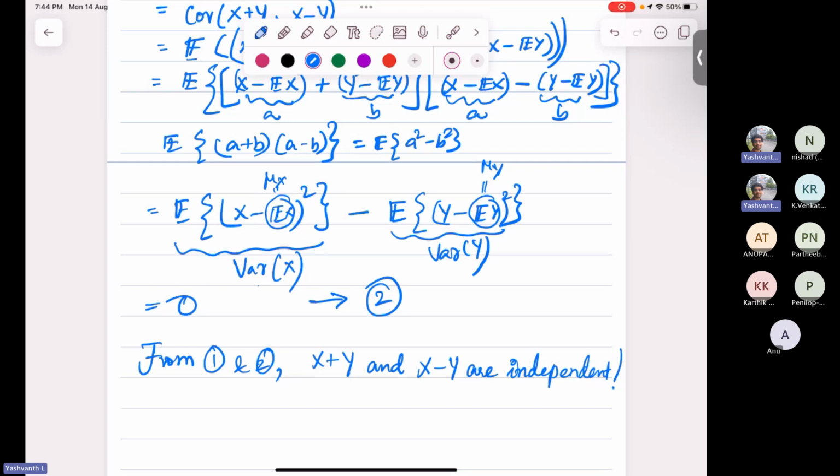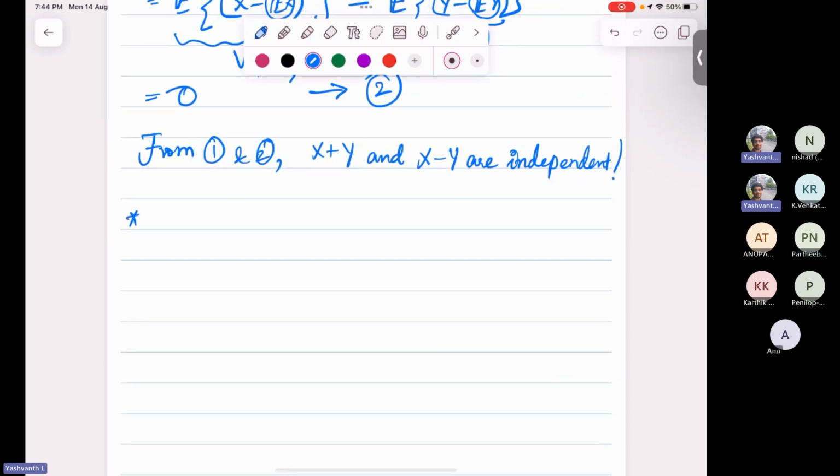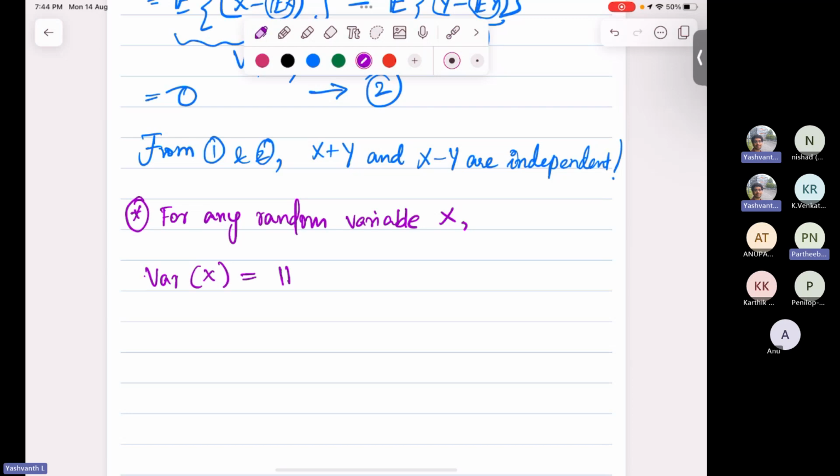This is the definition of variance. So again, let me write it in a different color. For any random variable x, variance of x is equal to expectation of x square minus expectation of x the whole square, the same as expectation of x square minus mu x square, the same as expectation of x minus expectation of x square.